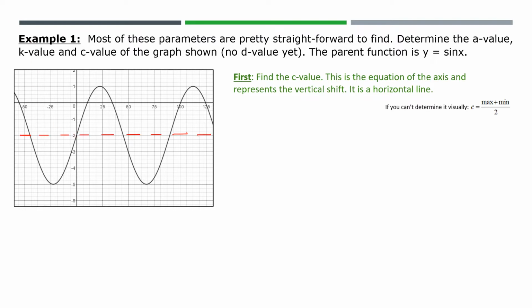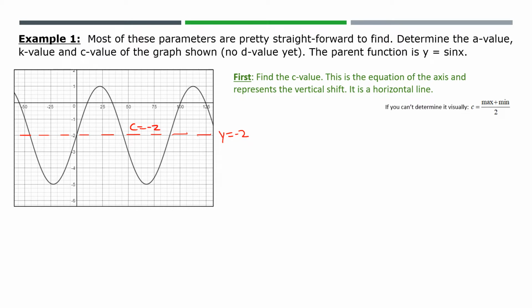The equation of that horizontal line starts with y equals, so its equation is y equals -2. That's the equation of the line, but in terms of transformations, it's the c value. So the c value is -2.